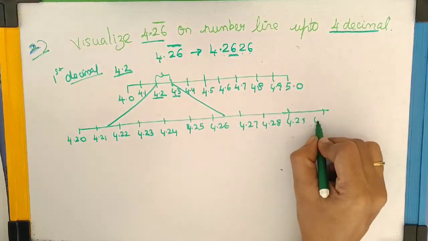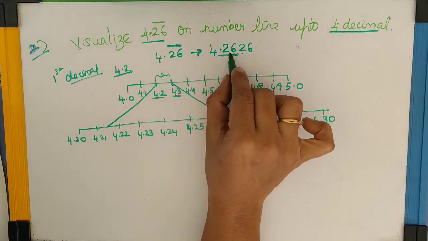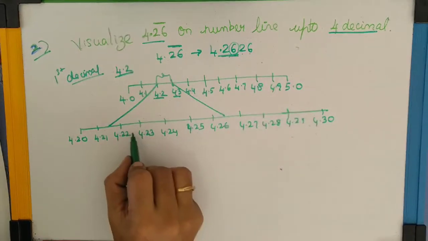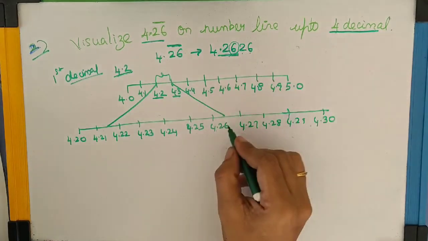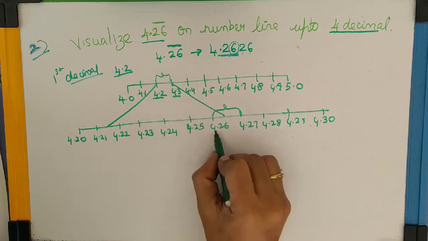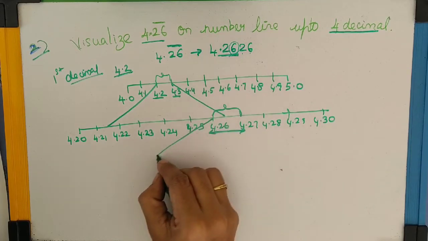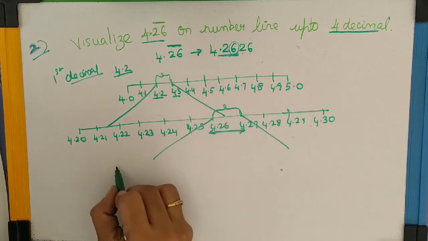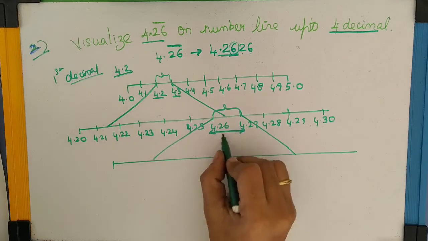Okay. Now here we can locate 4.26, but what we are asked to find is 4.2626. So it's not exactly on 4.26. It is somewhere between 4.26 and 4.27. So now we are visualizing the third decimal.